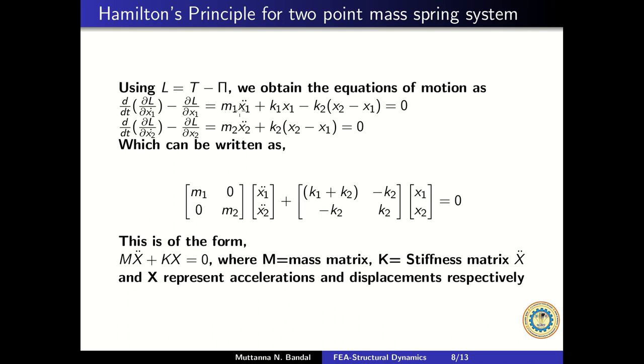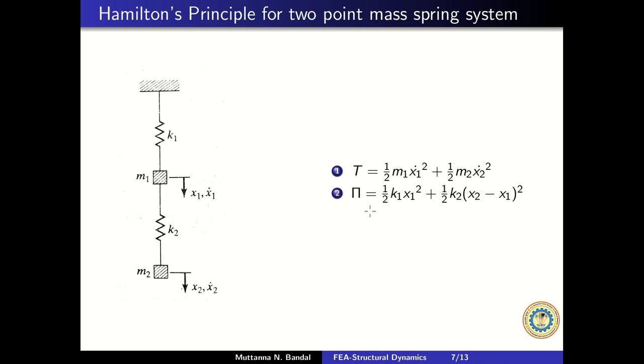So m1 x1 double dot plus k1 x1, which is the stored potential energy of mass 1, minus k2 into (x2 minus x1). These terms are basically taken from this.